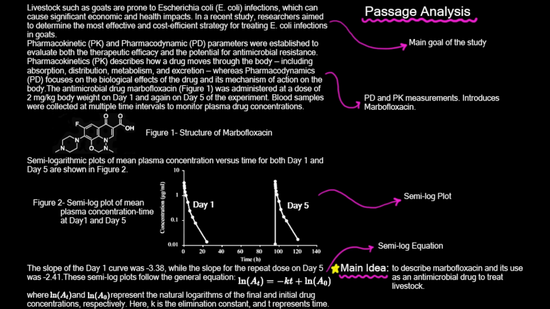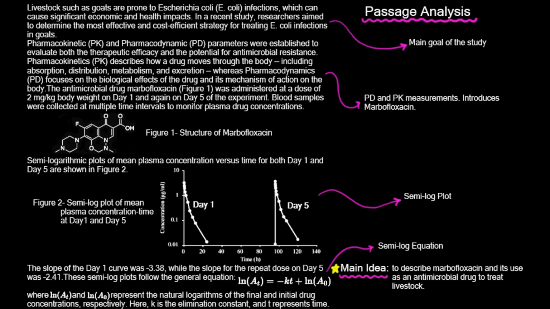This section introduces PK and PD. This is new information, so all we need to do here is to take note of where it appears in case a question comes up. We can refer back to it later if a question asks.